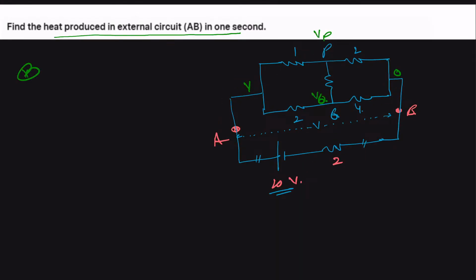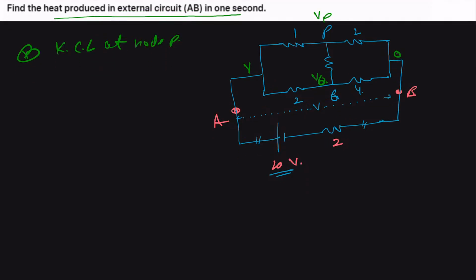So you can say that our KCL at node P, and so first is from P to A, and that we can write as Vp minus V upon 1.